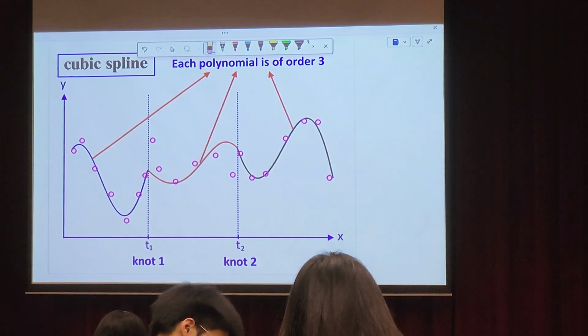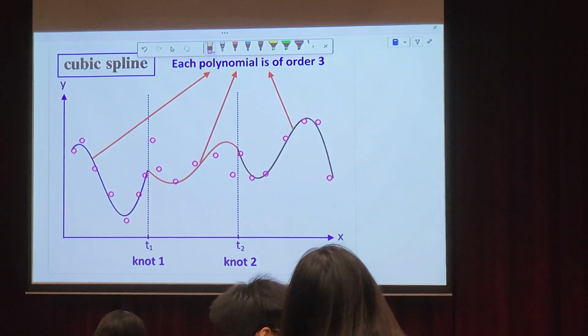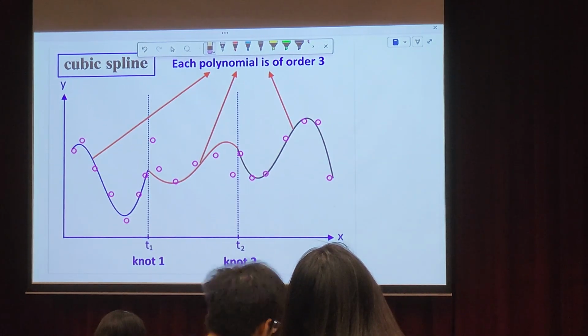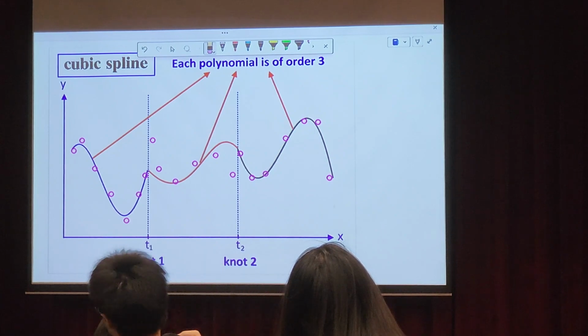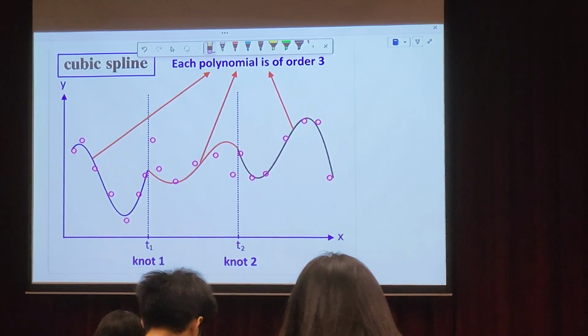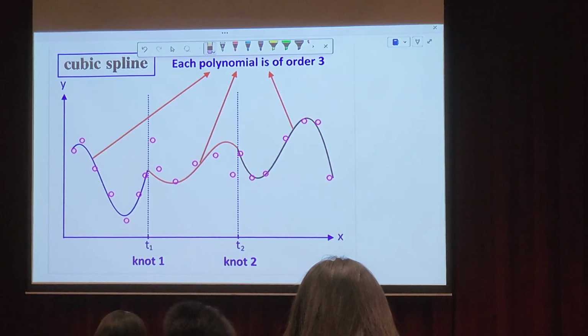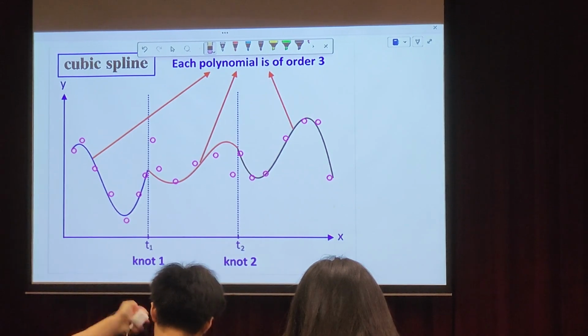So this spline is a way to fit low order polynomial at different segments and then combine them together.